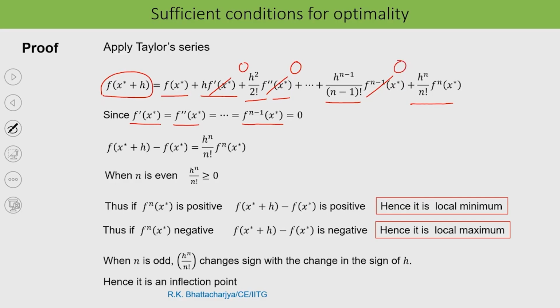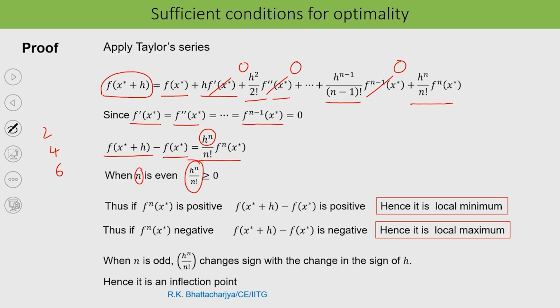Therefore, I can write that f of x star plus h minus f of x star is equal to h to the power n divided by factorial n, times the nth derivative at x star. Now, if n is even, that means 2, 4, 6, something like that, then this value will always be positive, because if n is an even number, the entire value will be positive.